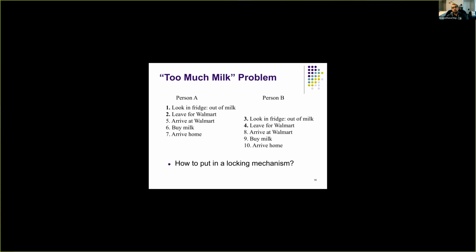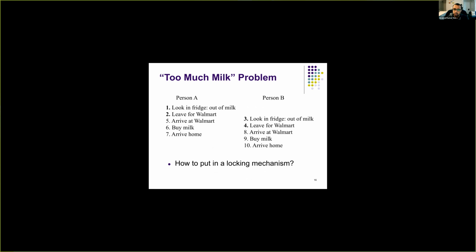So let's look at a more concrete, real world example. Let's say we have two persons in a house, and we want to make sure that we always have milk in the house. Person A comes into the house, opens the fridge and sees that we are out of milk.